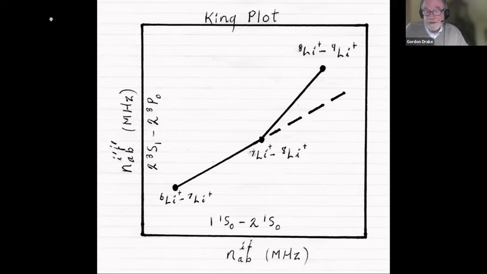A deviation from a straight line would then indicate some new physical effect. So that'd be a kinky King plot. For an ordinary King plot, you then need 4 isotope shifts. If you take second differences, you need a 5th isotope. And so lithium is the first case where that would be possible because we also have lithium-11.